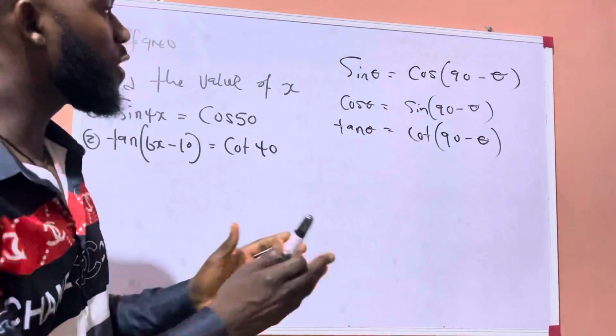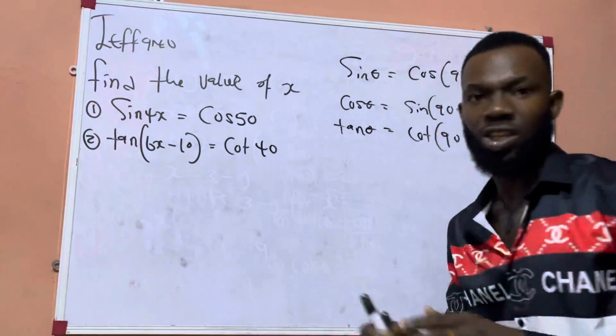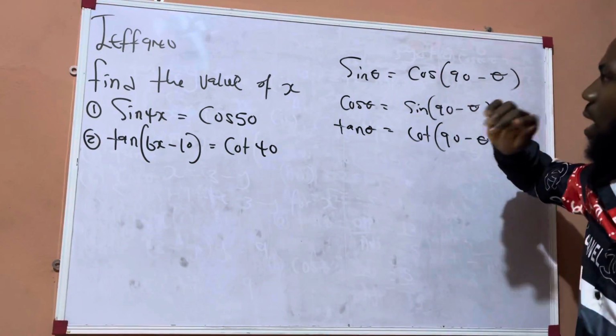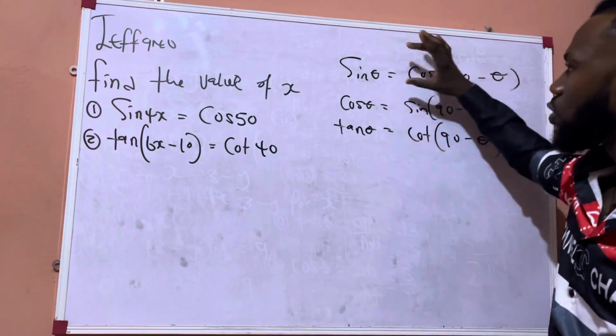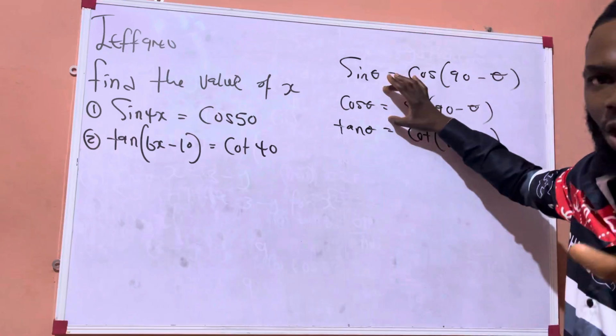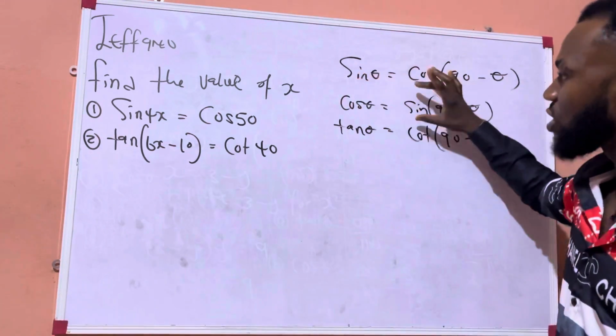Now the difference between formula 1 and formula 2 is this. In formula 1, you are to convert what is in sine to cos, and in formula 2 you are to convert what is in cos to sine.